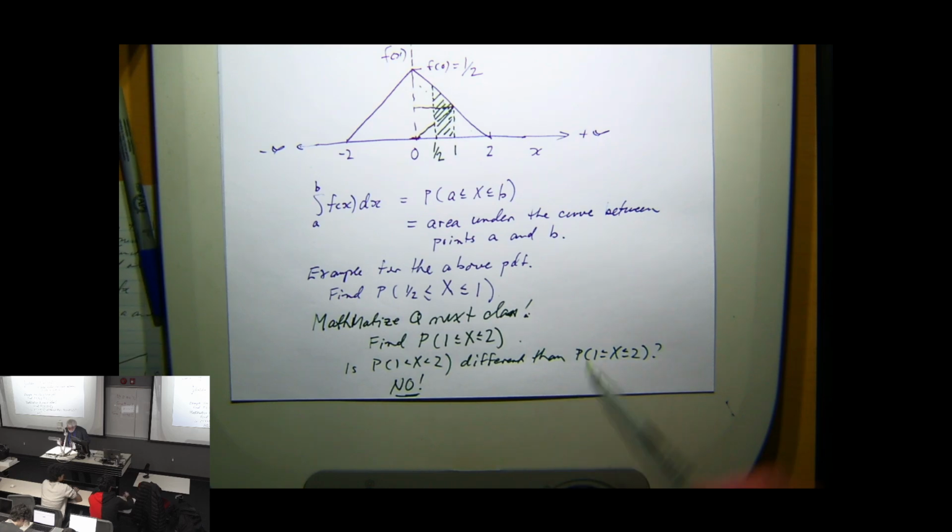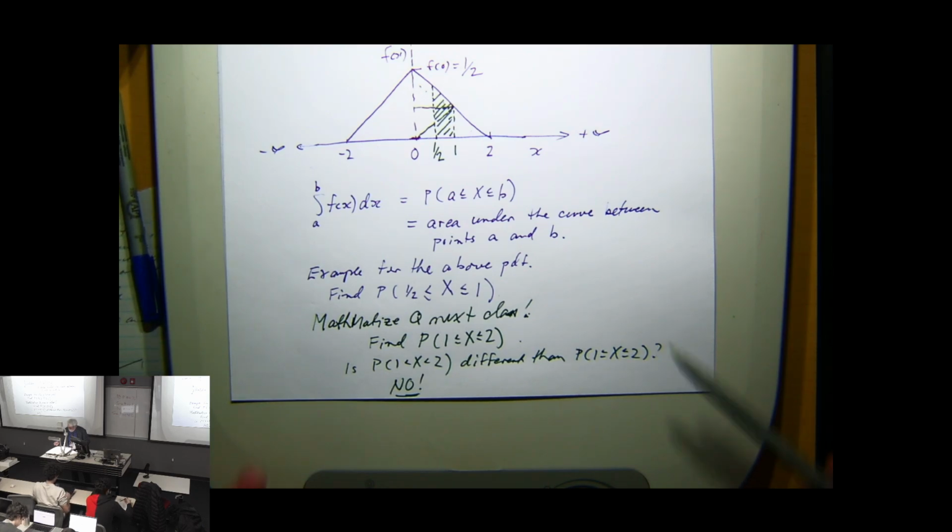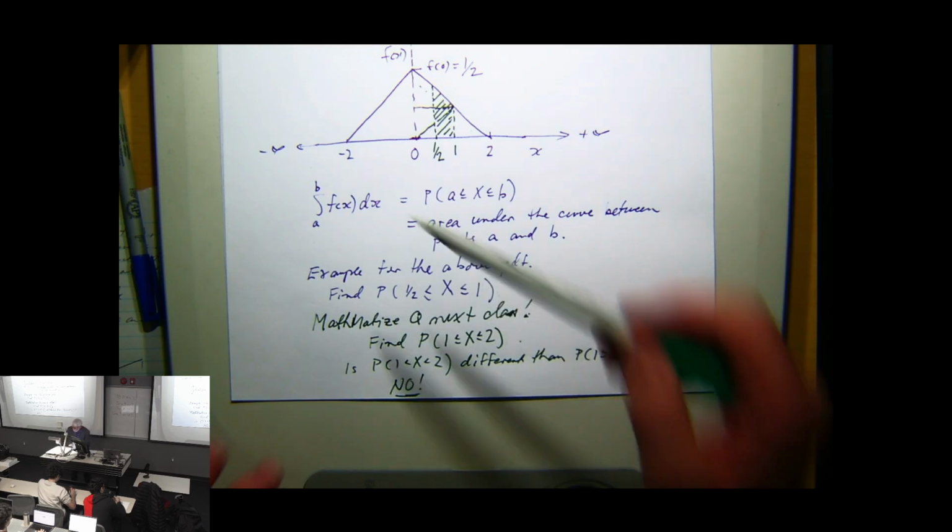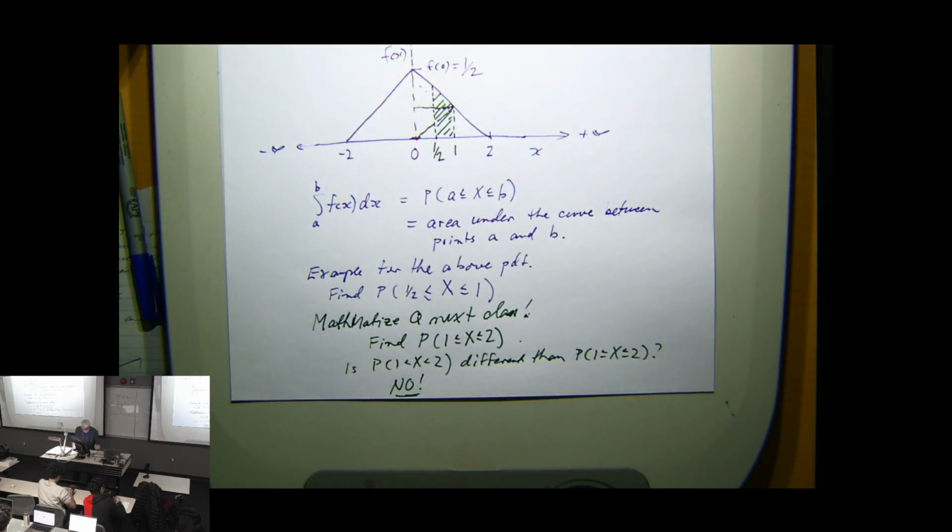A couple other things we could emphasize here. The area under the curve had to be equal to 1.